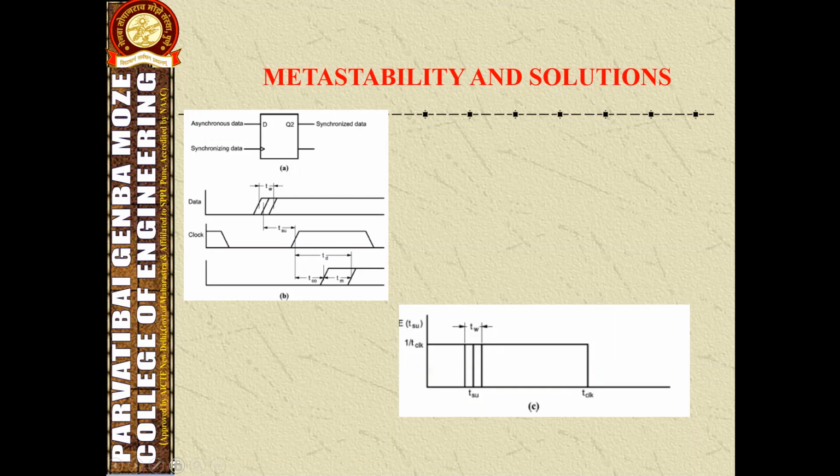Here, showing in figure A, a critical trigger window. The name is TW. It is defined such that if the flip-flop input is changed during the time window TW, the output Q is still unresolved within a decision time TD.